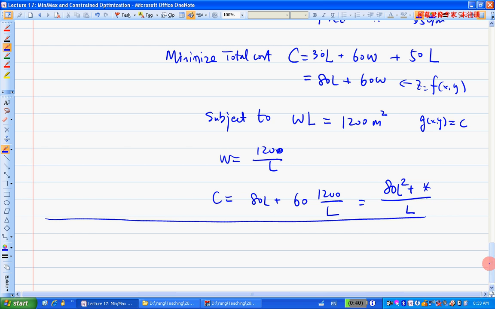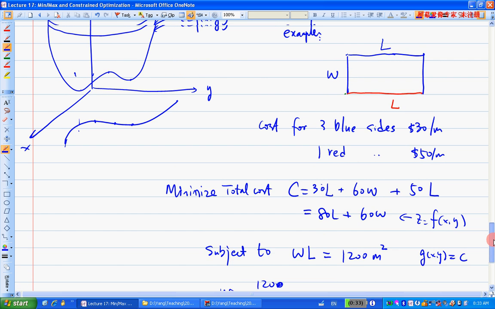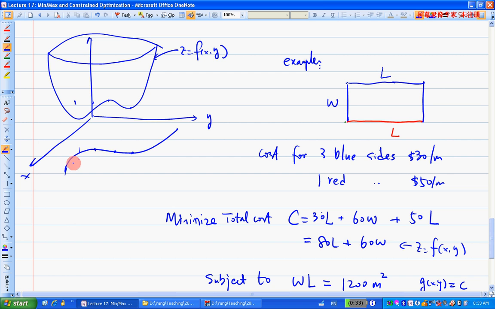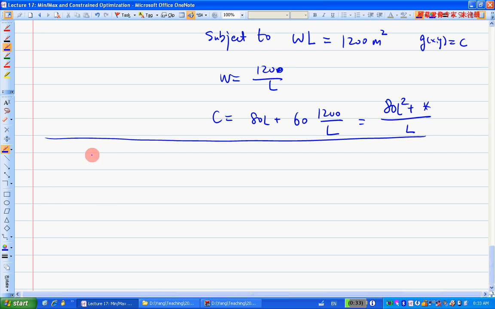But in our case, let's look at a more general situation, and we're going to look at this from a diagram. So let me redraw the diagram there.